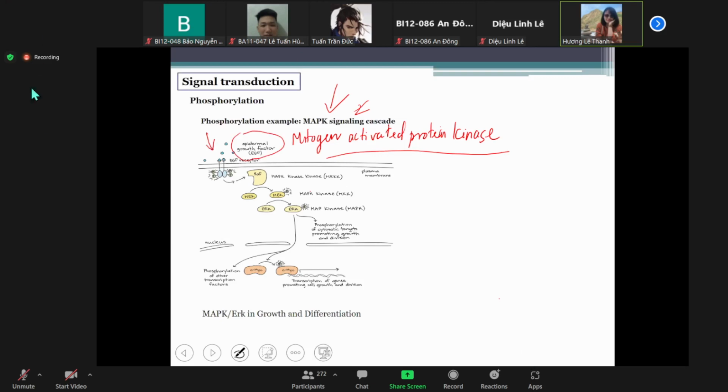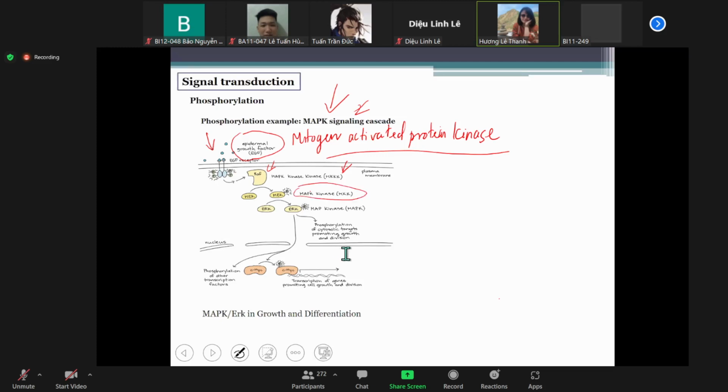The receptor will activate one type of protein kinase, MKKK, and this will activate another type of protein kinase, MKK, and the MKK will phosphorylate another type of protein kinase, the MAP kinase, MAPK.